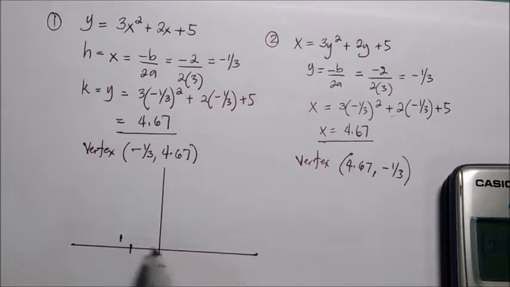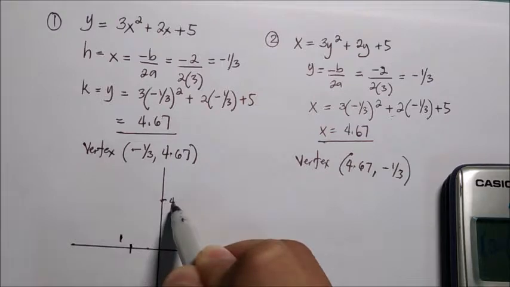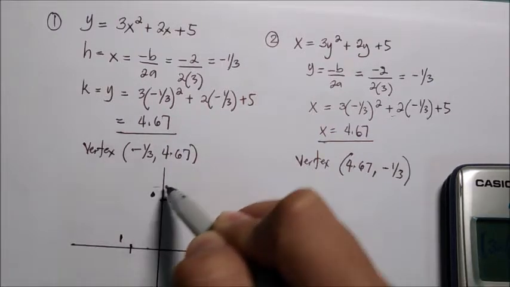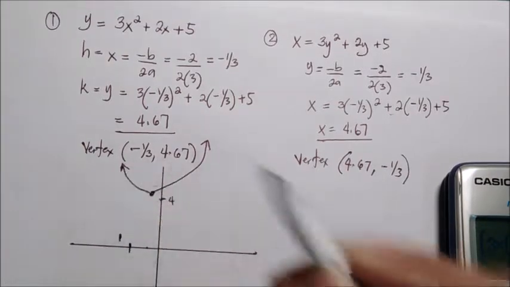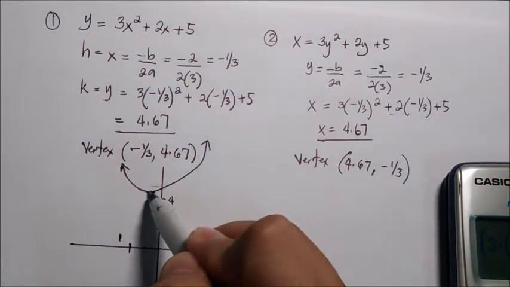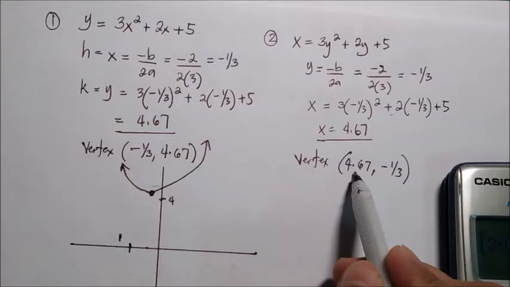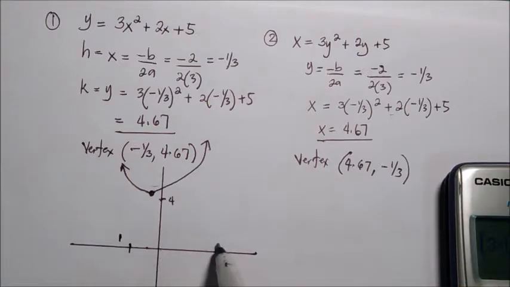If this is 1, your x is here. 4.67, maybe this is 4, so along this. Okay, so your parabola is like this, opens upward. And this is your vertex, and the other one is 4.67, the value of x. If this is 4, somewhere here, and negative 1. Okay, so opens to the right.